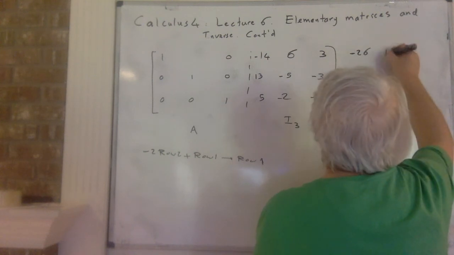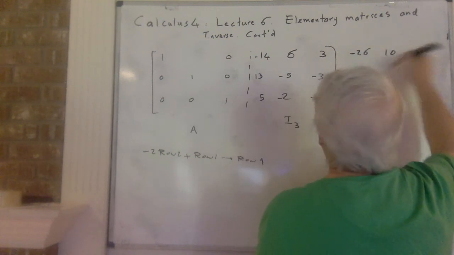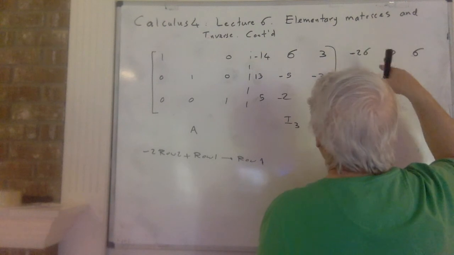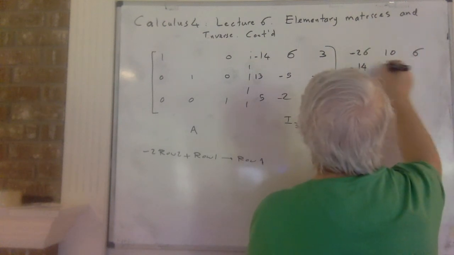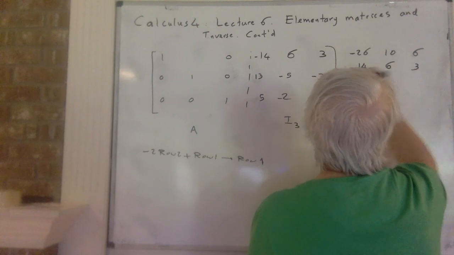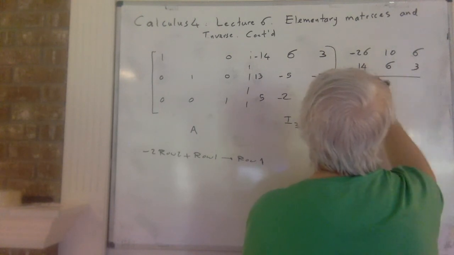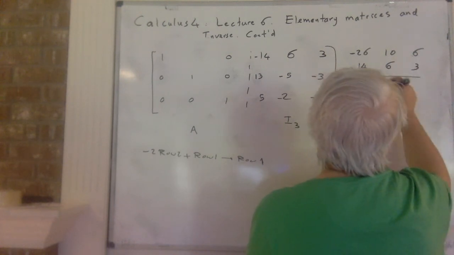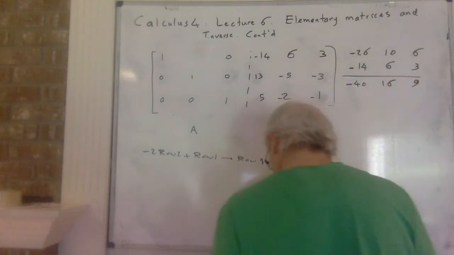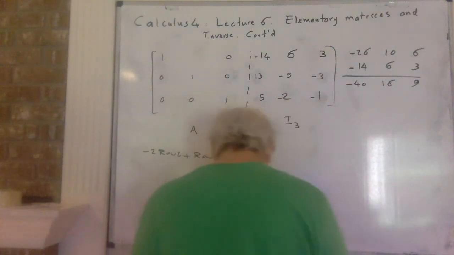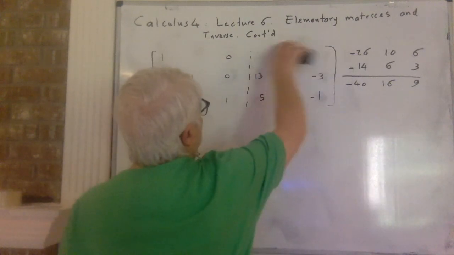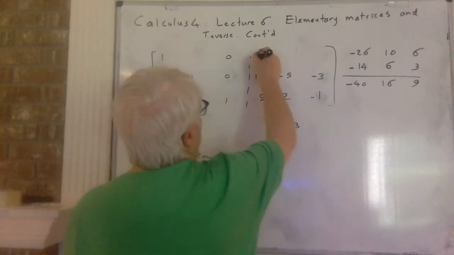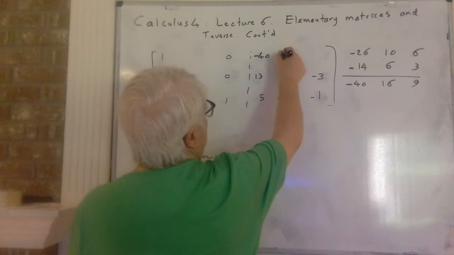Minus 2 times that is 10, minus 2 times that is 6, right? 26, 10, 6. And add it to this, minus 14, 6, and 3. So I guess I get minus 40, 16, and 9.